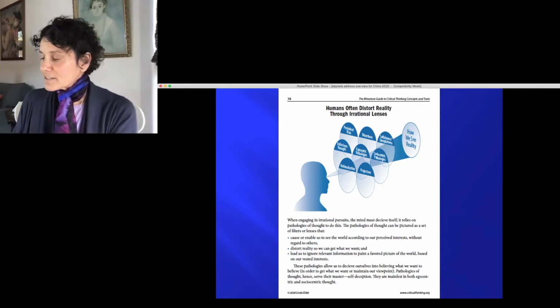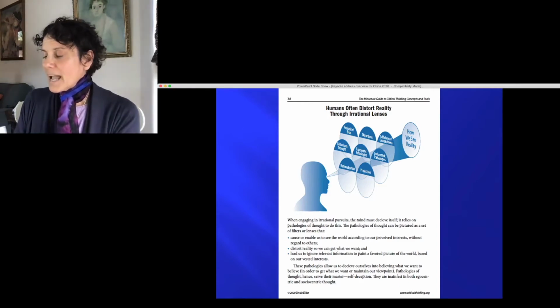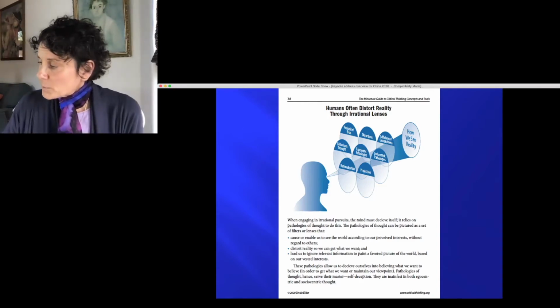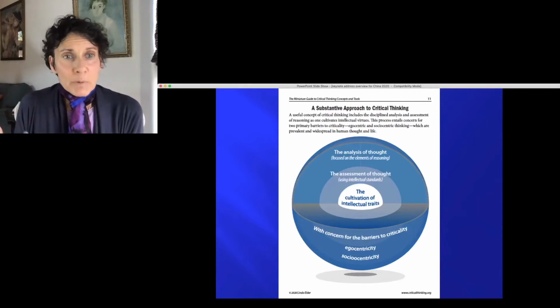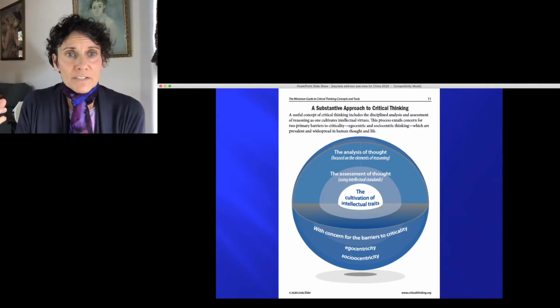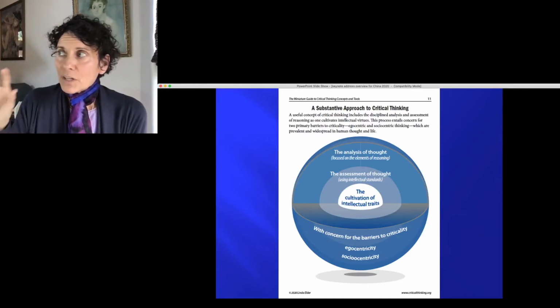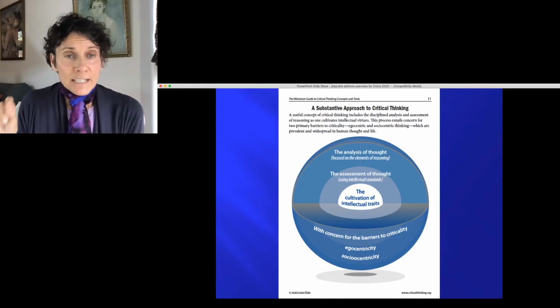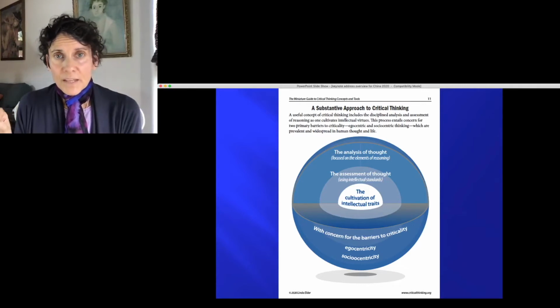And that toolbox of critical thinking I have pointed out a couple of times, but in closing, let me remind you of these: the problems I've just been focusing on of egocentric and sociocentric thinking serve as primary barriers to the cultivation of intellectual traits, dispositions and virtues, and that is our main focus for critical thinking, because we need to create a world which embodies fair-mindedness and critical thinking.